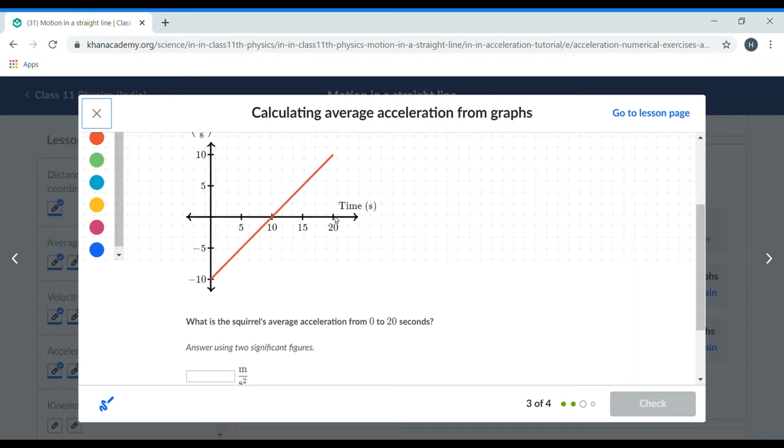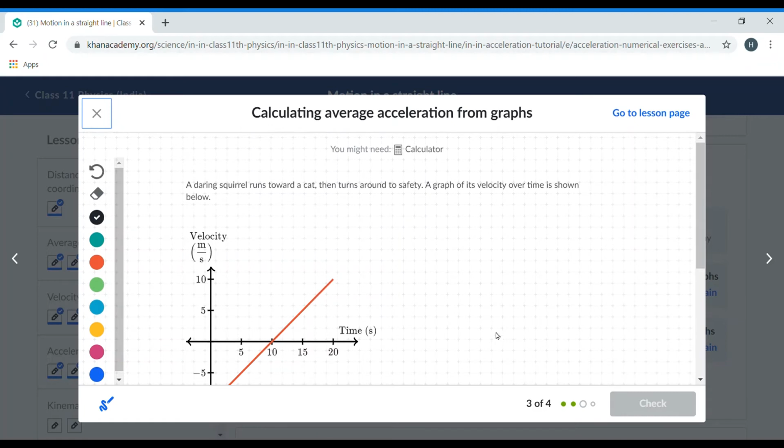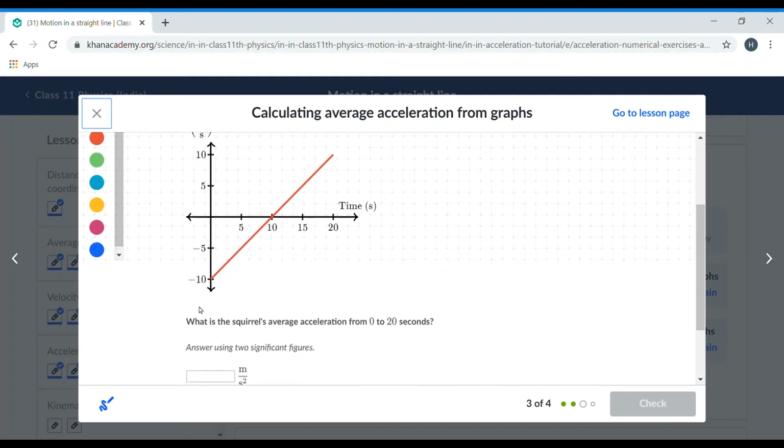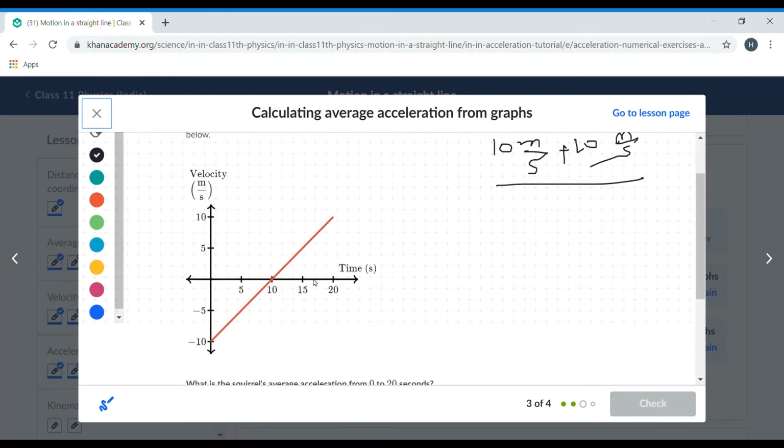From 0 to 20 seconds, its initial velocity was minus 10 meters per second and its final velocity was 10 meters per second. So 10 meters per second minus minus 10 meters per second, so this is plus 20 meters per second over change in time, which is 20 seconds.